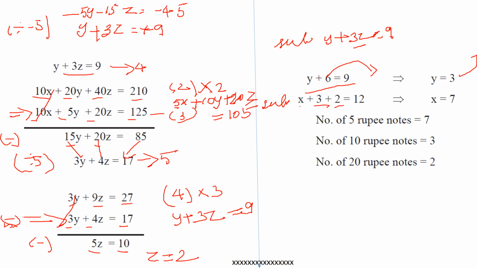So x plus 5 equal to 12, that is x equal to 12 minus 5, 7. Therefore number of 5 rupee notes, that is x, 7, 10 rupee notes y, that is 3, and number of 20 rupee notes z equal to 2. Thank you students. We will see in the next class.